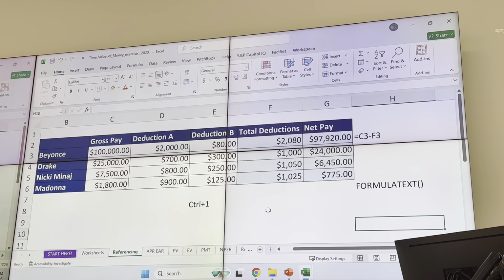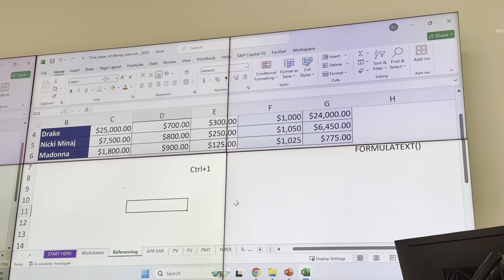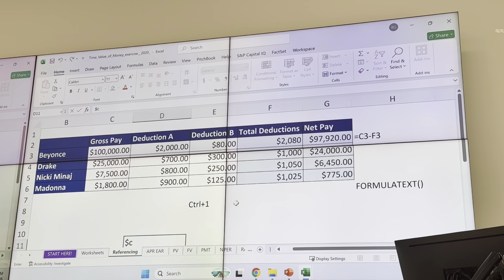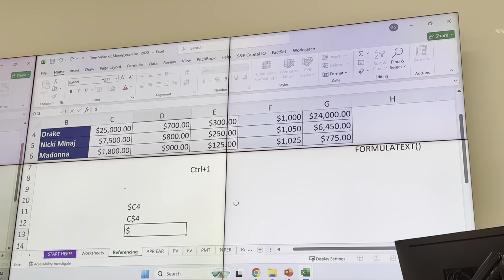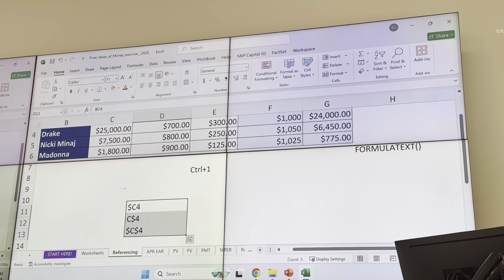It could be like, for example, $C, just to give you C, $C4, or $C4, or it could be absolute referencing, $C$4. These are different options of blocking, fixing the cell.